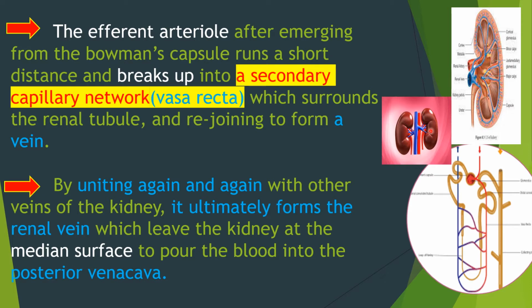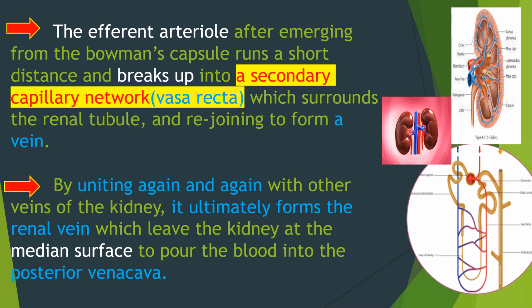this is called the renal vein. How does it form? Uniting again and again, the veins coming from the vasa recta join and form the renal vein, which leaves the kidney at the median surface, here.